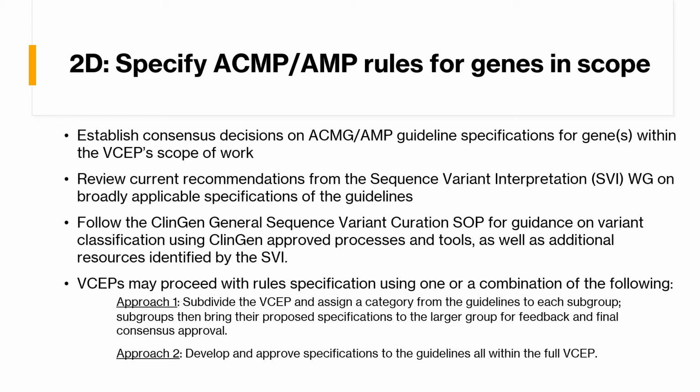VCEPs may proceed with rule specifications using one or a combination of the following processes. Approach 1 is to subdivide the VCEP and assign a category from each of the ACMG and AMP guidelines to each subgroup for discussion, and then the subgroups bring their proposed specifications back to the larger group for feedback and final consensus approval. Approach 2 is simply to develop and approve the specifications to the guidelines all within the full VCEP.